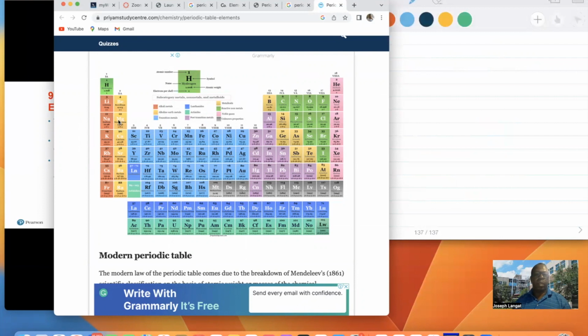For example, magnesium is in row 3, go one row up, then go all the way to see which element you're pointing to. So we're going to use neon in parentheses.